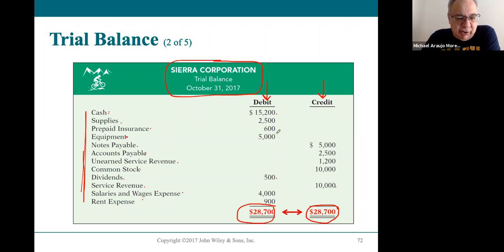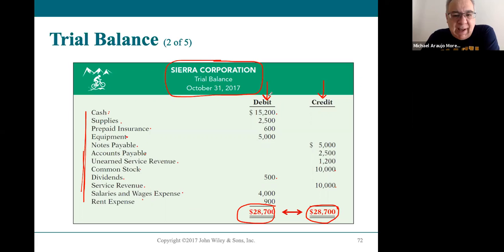So your assets are listed first, and they're all going to have debit balances. Your liability accounts are listed next, so they're all going to have credit balances, right? And then it gets mixed between common stock on the credit side, dividends with a balance on the debit side, revenue on the credit side, and your expenses all debit balances. Does that help explain a little bit?